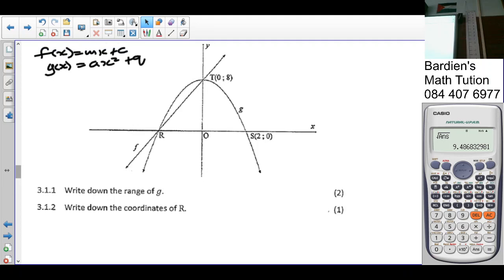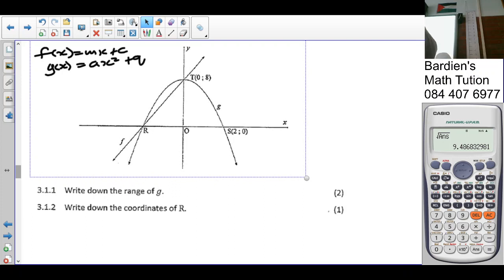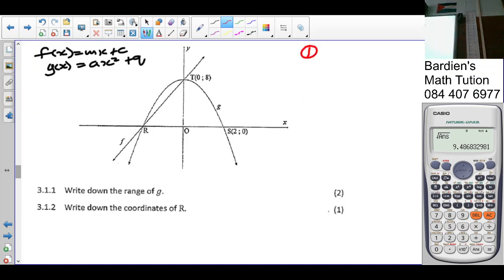The first question says, write down the range of g. So what is the range? All possible y values. So the range of g, this is the g of x graph, it's a parabola graph. So the question is, does this graph exist at negative infinity?